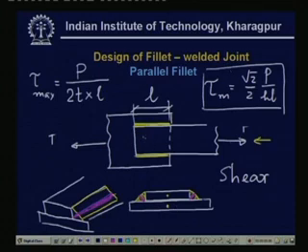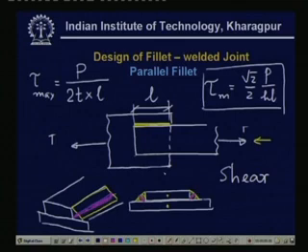Now, what you see here is symmetrically placed, that is, the two lanes of the weld are the same on both sides. Had it not been so, if we had welded only in one place, then a bending stress would be developed.